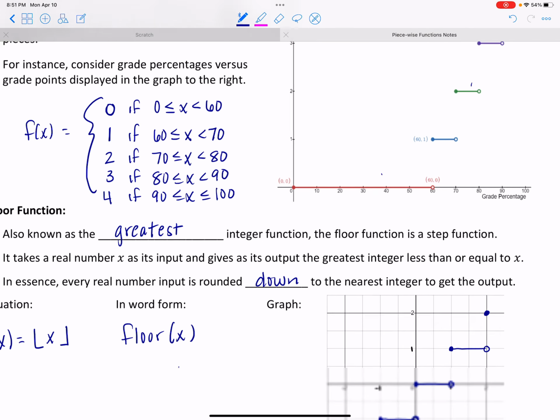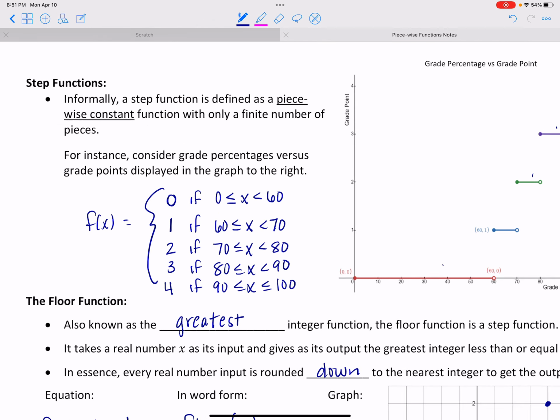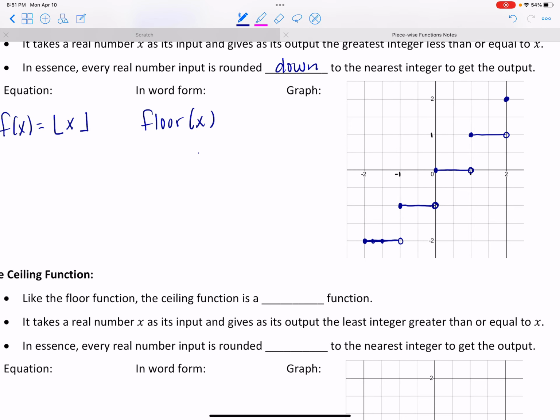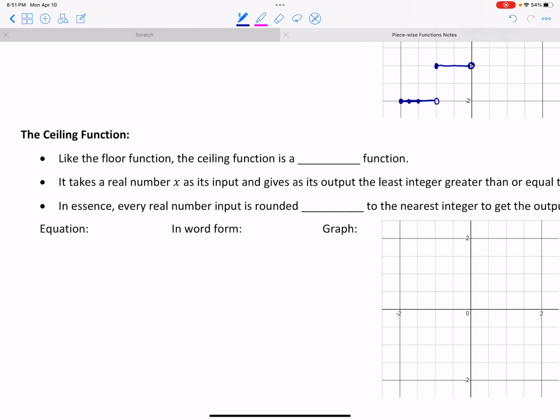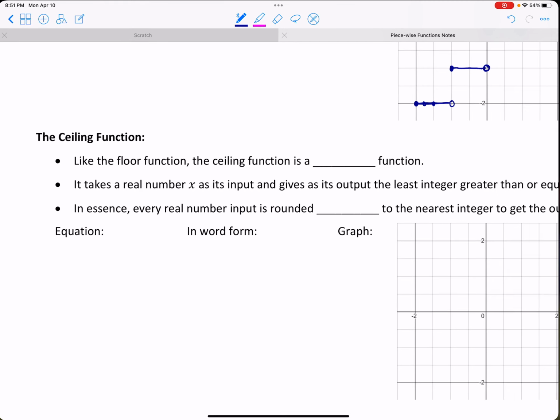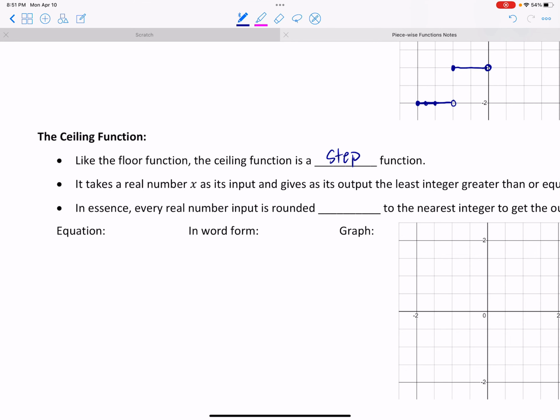Now up here I specified this was a finite number of pieces. This technically goes on forever, but it is still called a step function. The ceiling function is very similar to the floor function, a step function, but instead of rounding down, we round up.